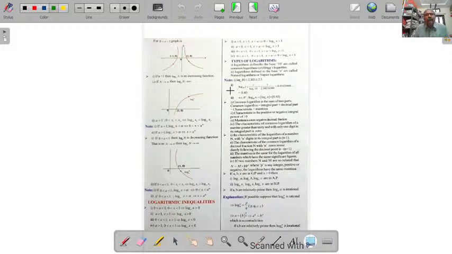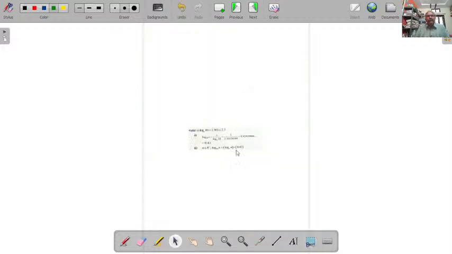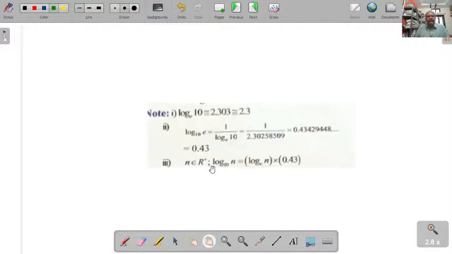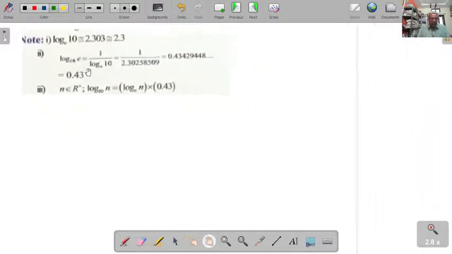We shall have more discussion later. We are going to establish the relationship between common logarithm and natural logarithm here. Okay, let's have a discussion.